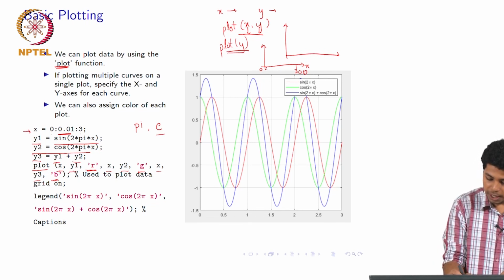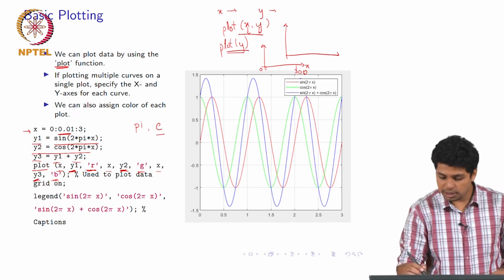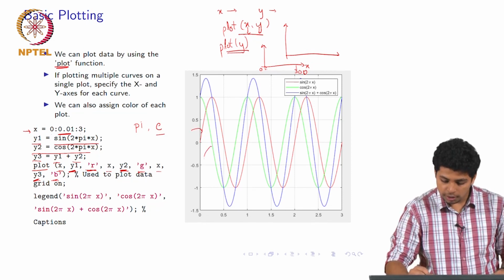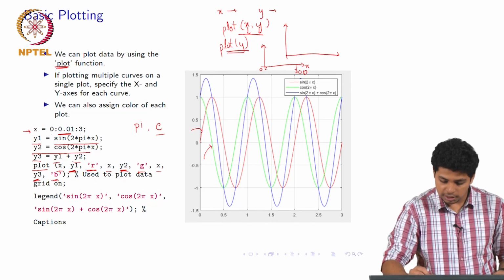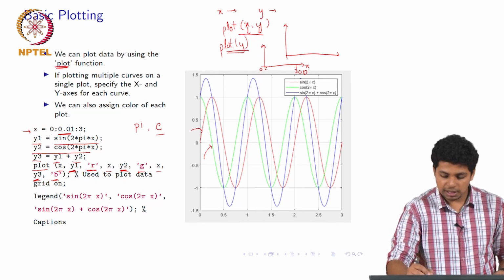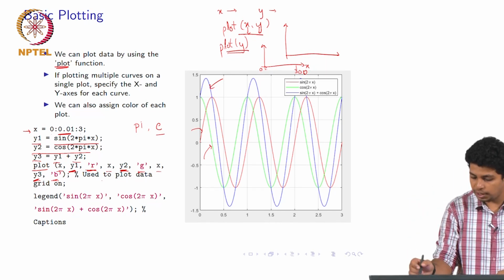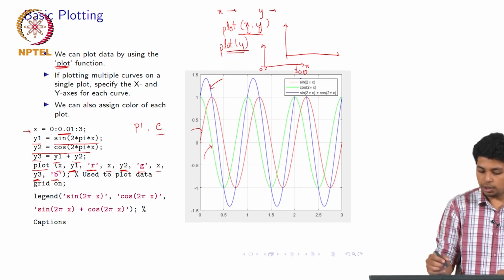For x comma y1, I have put the color red, for x comma y2 I have put the color green, and for x comma y3 I have put the color blue. As you can see here, since the first one is a sine wave, it is displayed in red, the second is a cos wave displayed in green, and their sum is displayed in blue.